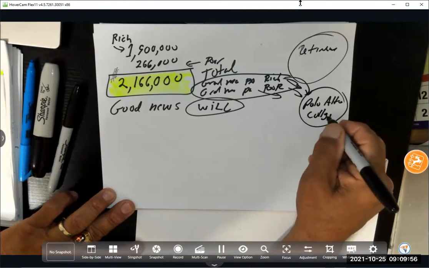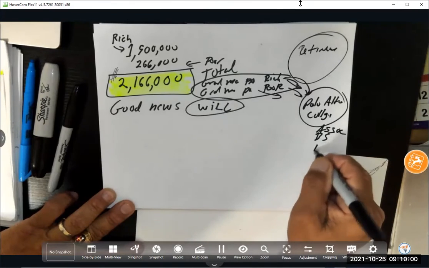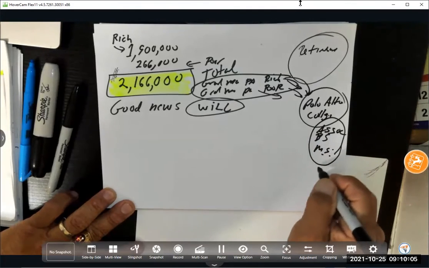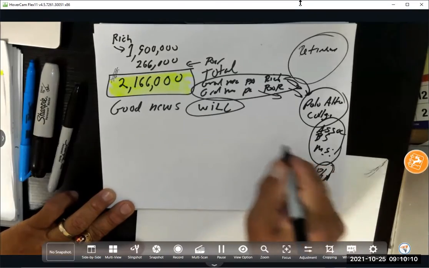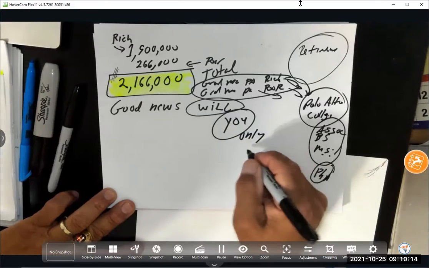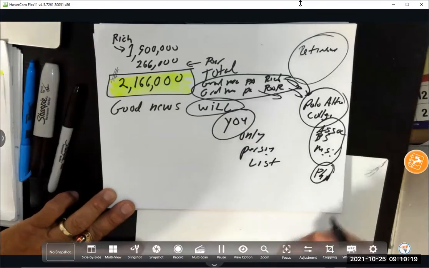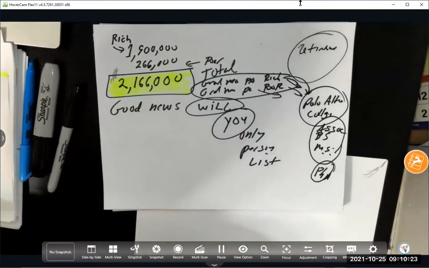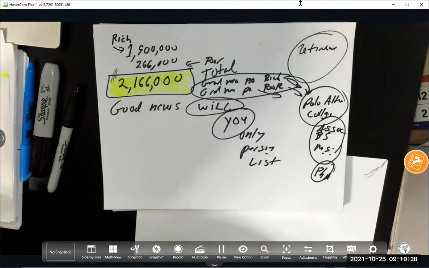For college to get your bachelor's, get your associate's, maybe get your master's. Why not, right? You're gonna need money for your bachelor's degree, your master's degree, maybe a PhD too. Hey, why not? But you need the money for this stuff. So in the will, you are the only person on the list. Okay? You're the only person on the list. Nobody else. Not your brothers, not your sisters, not your mom, dad, cousins, uncles, nobody, just you.